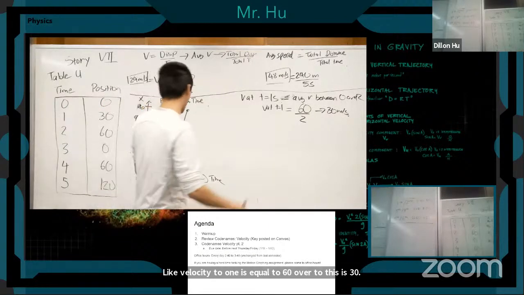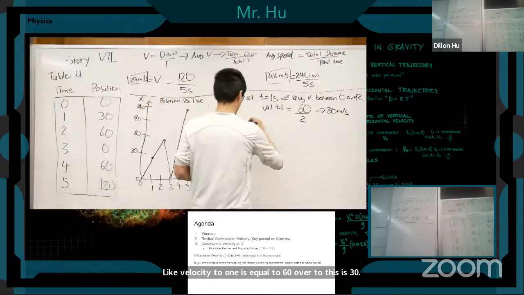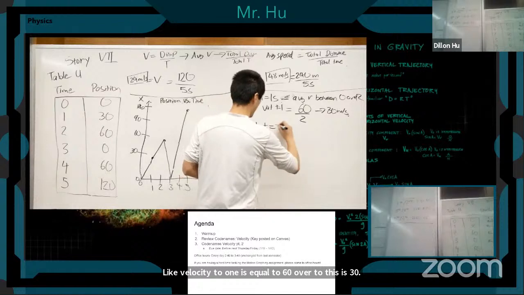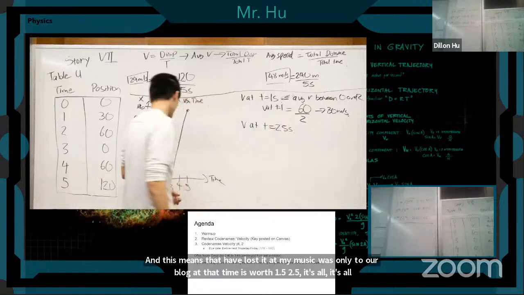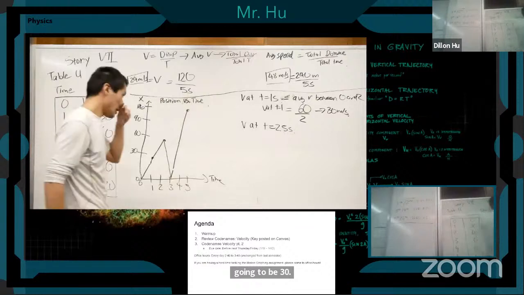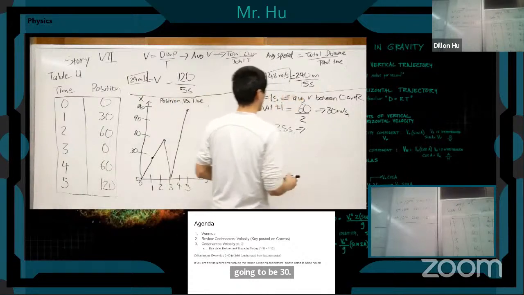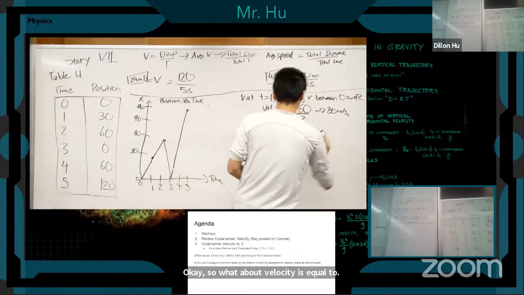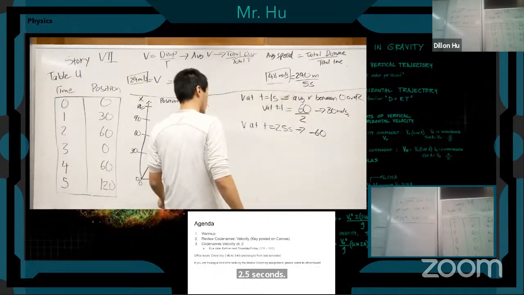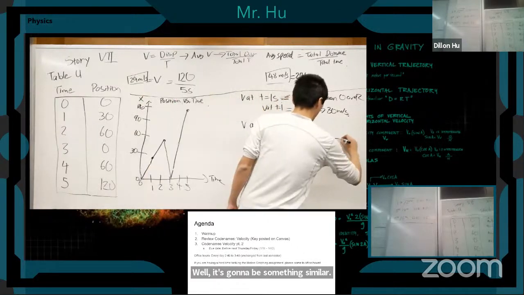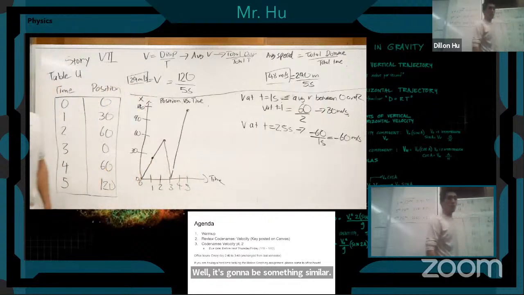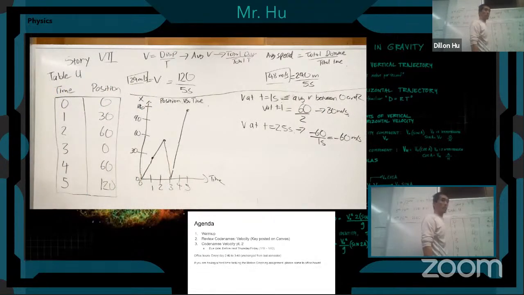What about our velocity at, say, time equal to 2.5 seconds? It's going to be something similar. This time we started off at position 60 and ended at 0, so our total displacement was negative 60. This occurred over 1 second, so our velocity here would be negative 60 meters per second.